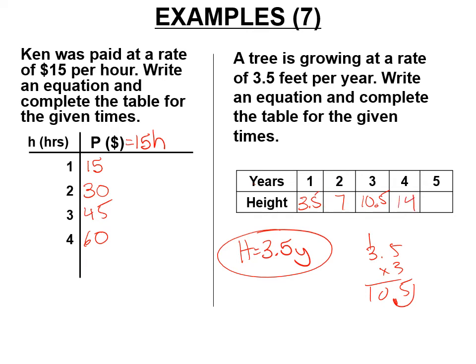And then 5, add another 3.5 is 17.5. It's going up 3.5 feet every year. And notice we don't put feet in the equation. We just write the height is 3.5 times the number of years. The other one, we don't put dollars. Oh, I put that. By the way, I want to just fix that. So P equals 15H.